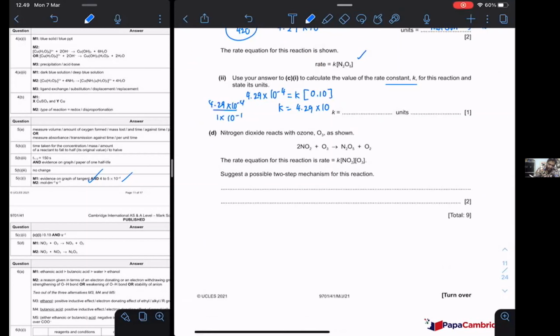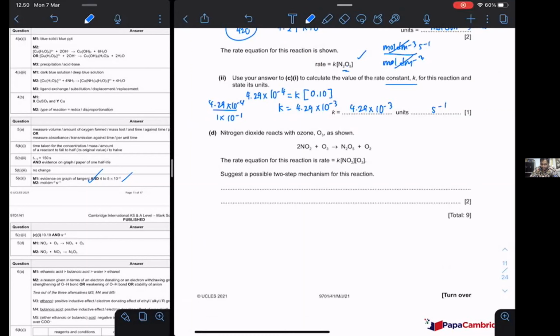So it's going to be negative 3: 4.29 times 10 negative 3. And what is the unit? Rate is mole per dm cube per second. You divide it with mole per dm cube over here, and you get per second. That's the unit.